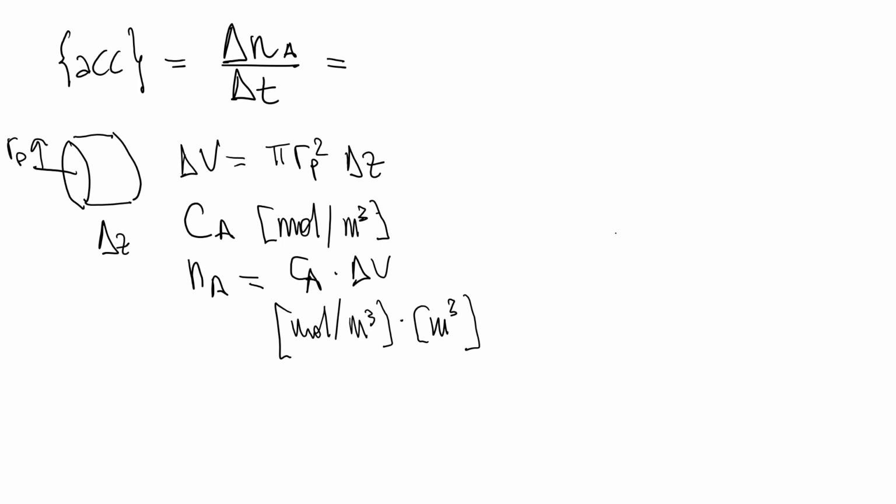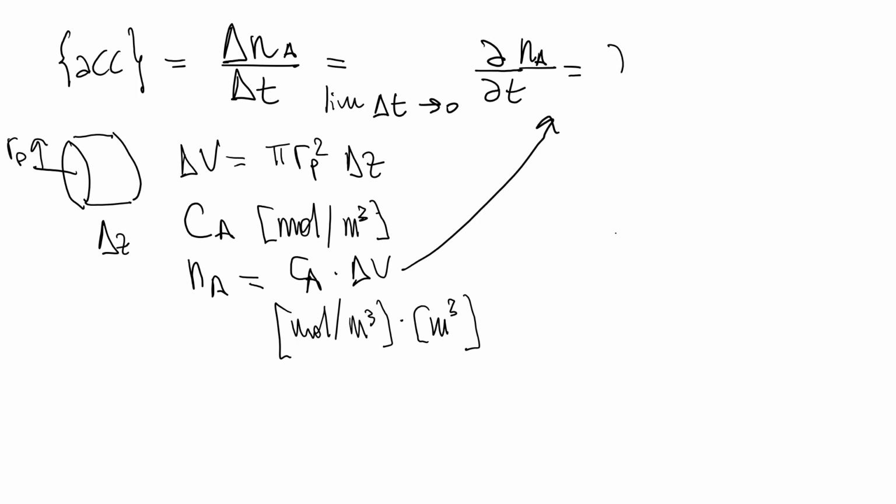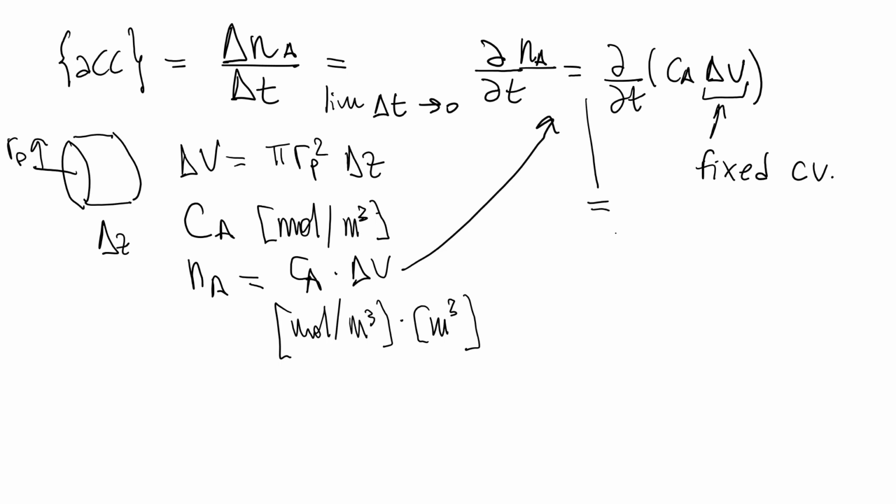Okay, and then if you take a limit for very small times, then you can express this as a partial derivative. So we have d/dt of Na, which can be written as essentially d/dt of Ca delta V. Okay, but we have a fixed control volume, so we can rewrite this as delta V dCa/dt.